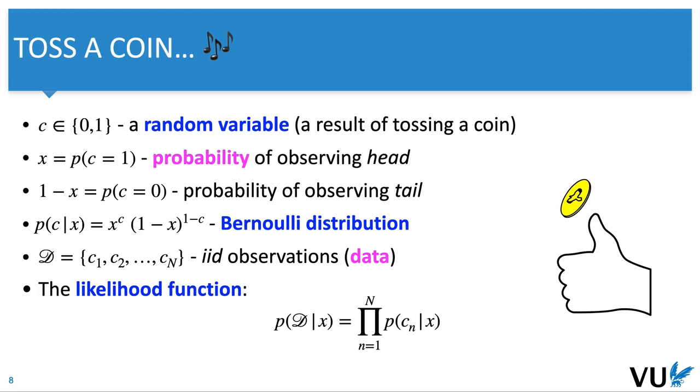And since we assume that they are independent, we can write it as a product, a multiplication, of probabilities of all individual observations. So this is P(C1) times P(C2) times P(C3) up to P(CN), okay? This formula is only true if we assume that our data are IID.